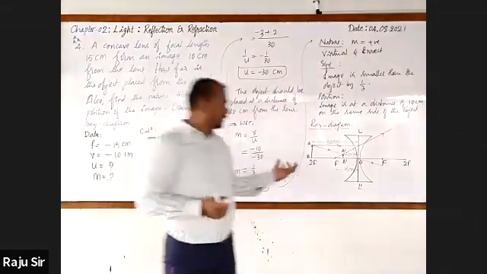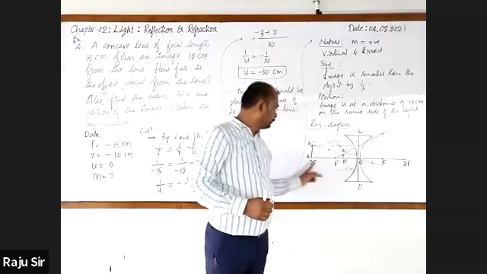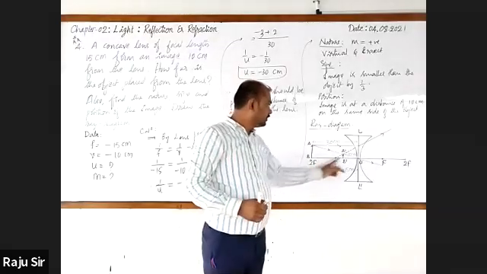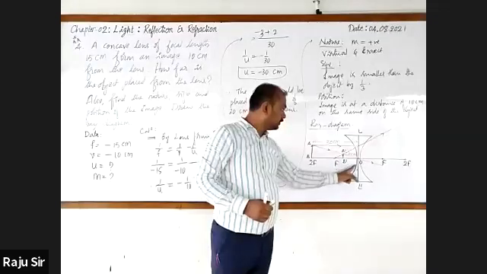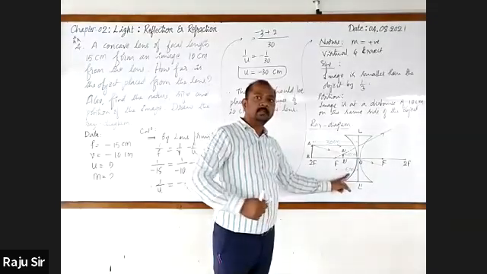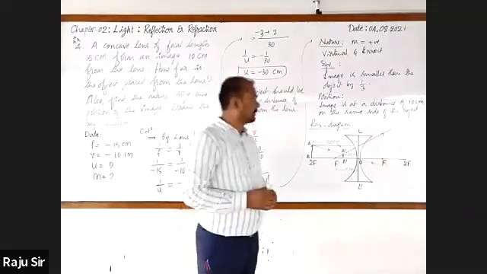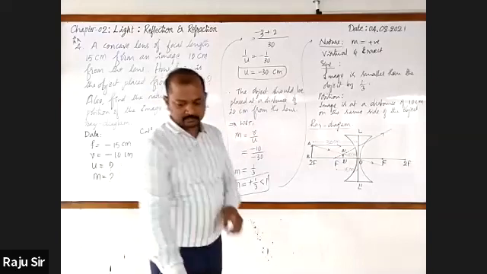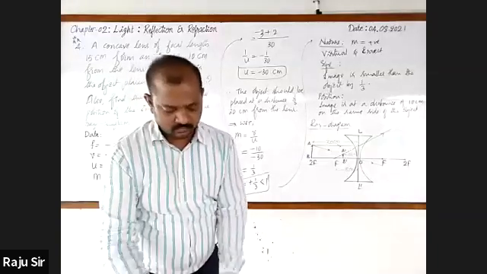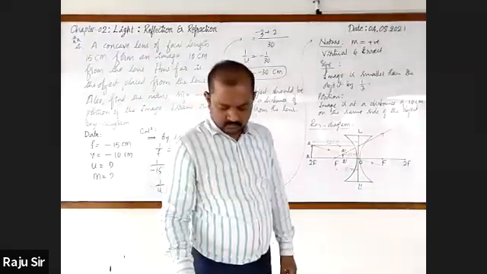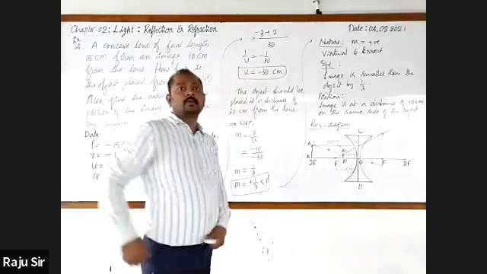If you're finding the space is too less, you can separate it. O to B, OB is the object distance. It is 30 centimeter. Focal length OF is 15 centimeter. Image distance OB dash is 10 centimeter.